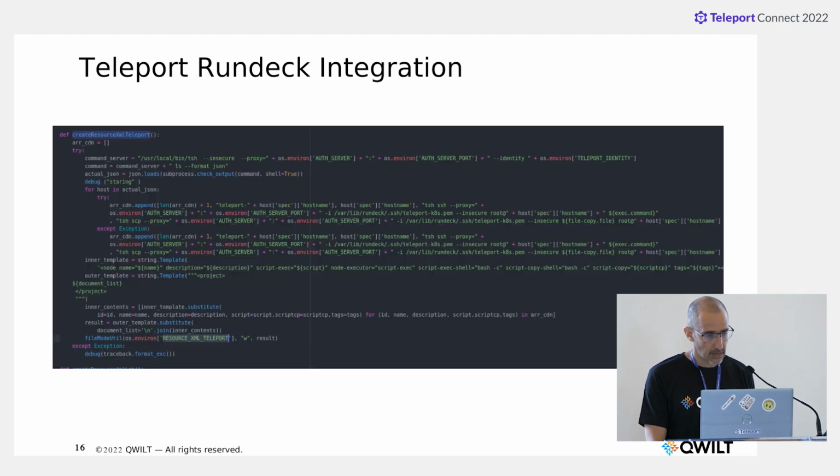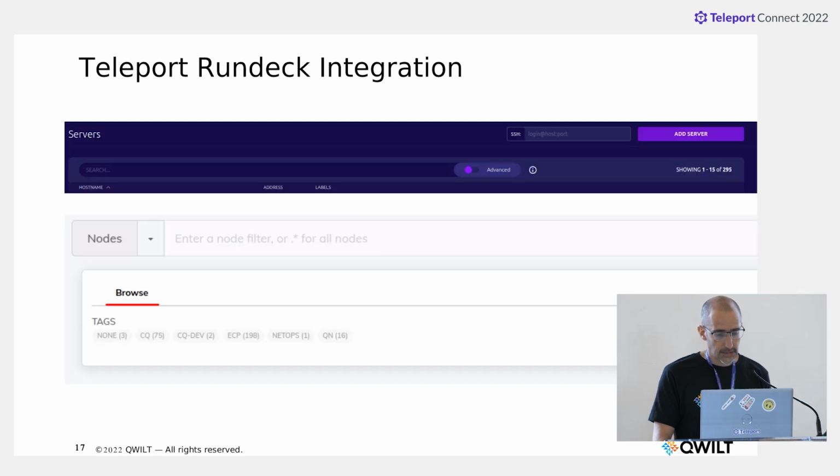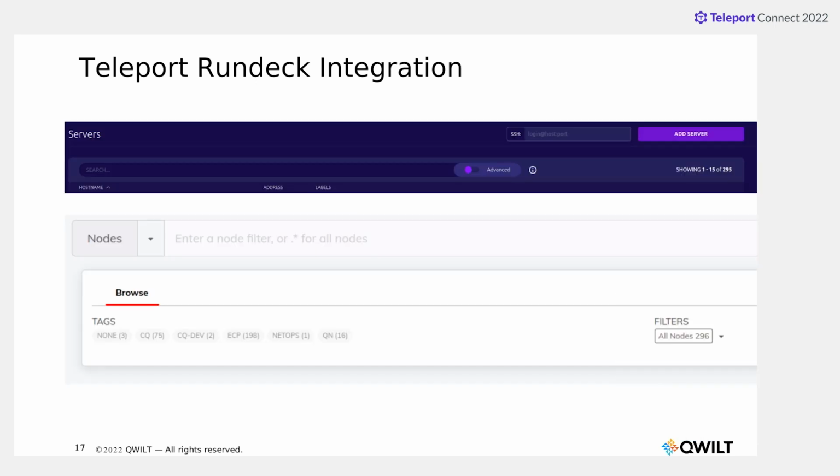Okay. So this is an example of how to connect dynamically the nodes in Rundeck. Rundeck is using an XML file as its database of nodes. Okay, so this is the example.